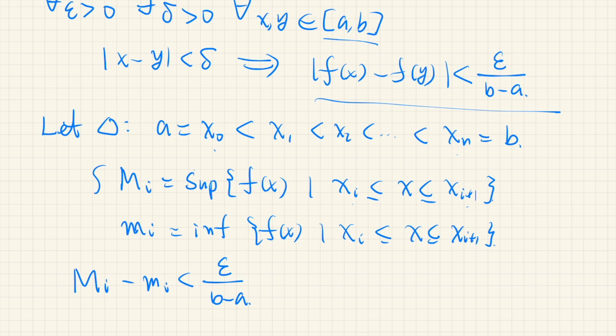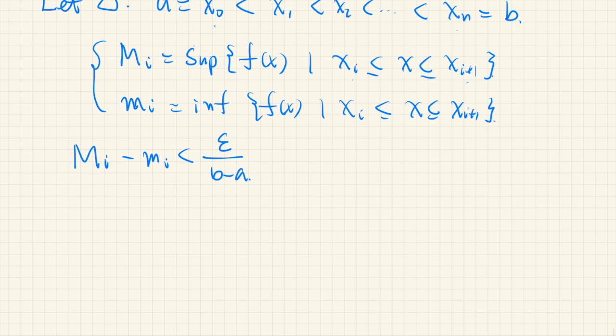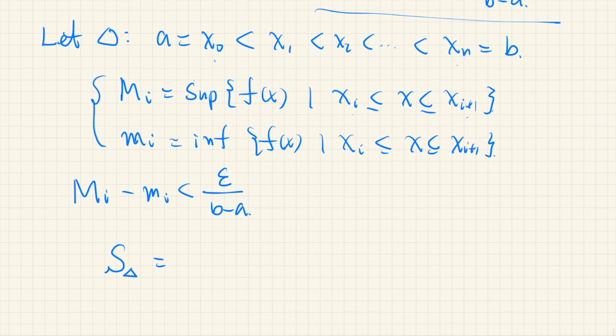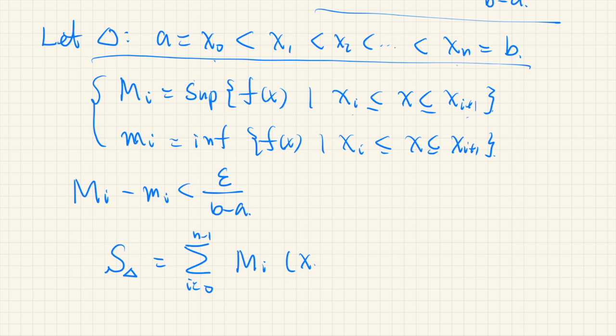So using these values, we can specify the Riemann sums. The upper Riemann sum, capital S delta, where delta is this partition, is given by the sum over i from 0 to n minus 1 of Mi times xi plus 1 minus xi.